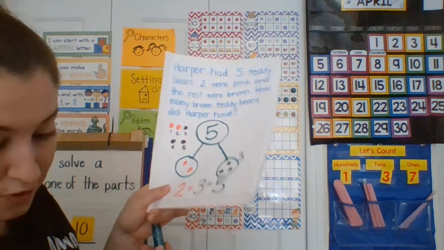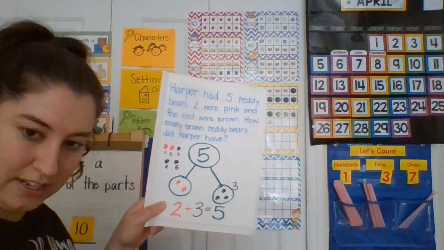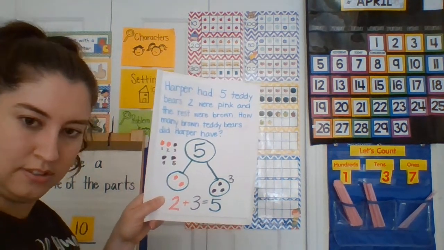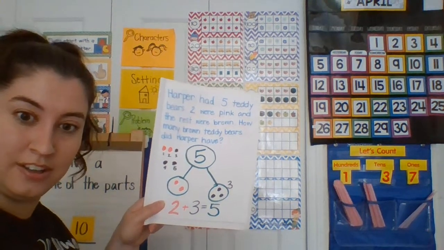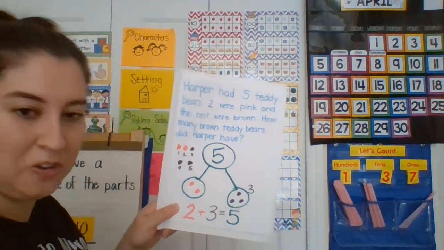Great job. I want you to see if your number sentence matches my number sentence. It does? Awesome. Okay, we're going to set this to the side, but we're going to come back to it because I have a new problem of the day for you later.